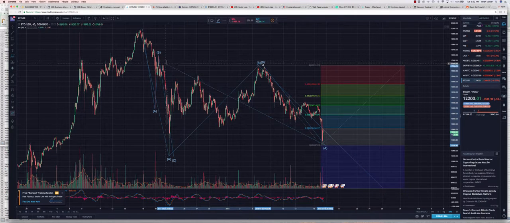Previously over here on this B corrective wave, we went quite high. So let's call it either 14.2, or I'm going to say that we're actually going to get up to near 15,000. Look how that shows up right about 15,000 is the 38.2.